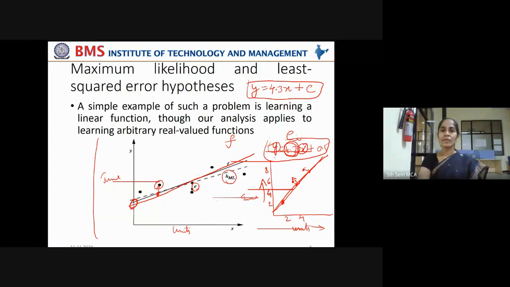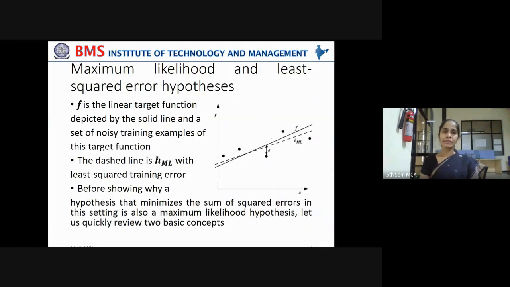Got it? So you have some 3-4 solutions. Among them, the best fit to the data points given will be your maximum likelihood hypothesis. Now, F is the linear target function depicted by the solid line and a set of noisy training examples of this target function.